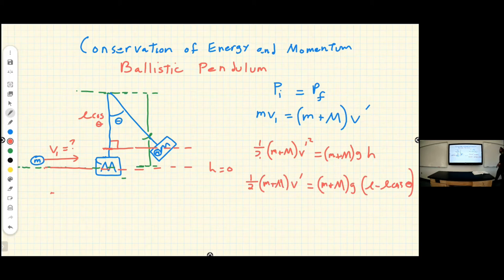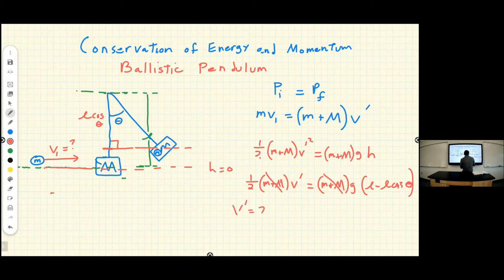Okay. Now, because we know L and we know theta and we know the masses, not that that matters because they're going to cancel, we could actually solve this second expression in red for V prime. So let's cancel these. And let's solve for V prime. So multiply both sides by 2.